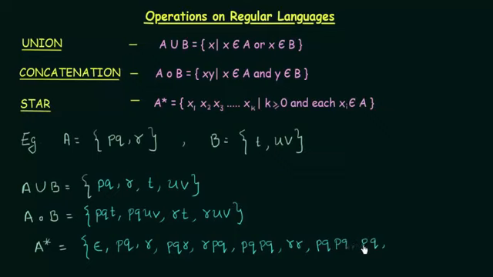This is PQ PQ PQ, meaning I'm joining it together. And I can also join R three times, R R R, and it goes on. This actually will be an infinite set. It could have an infinite number of elements.